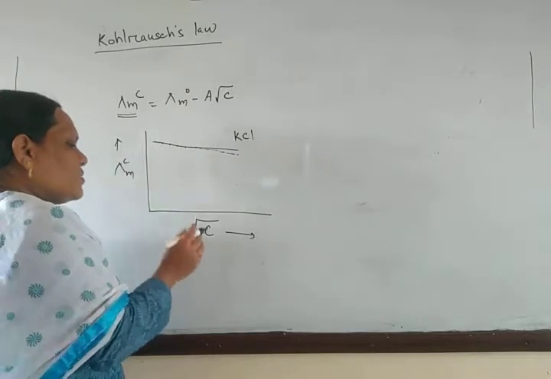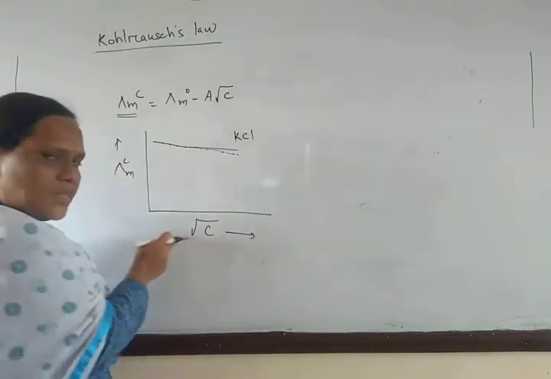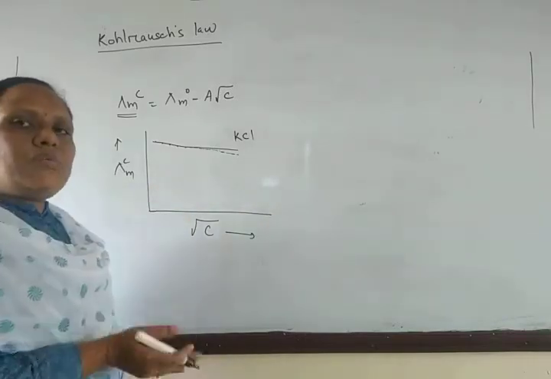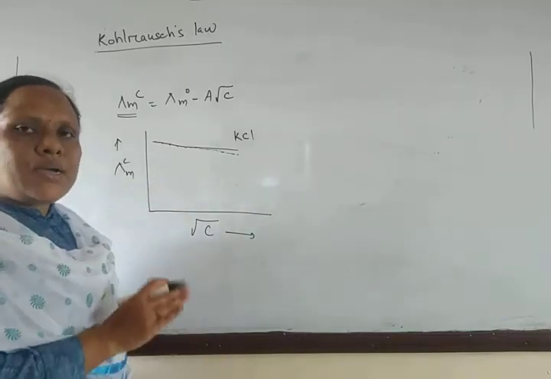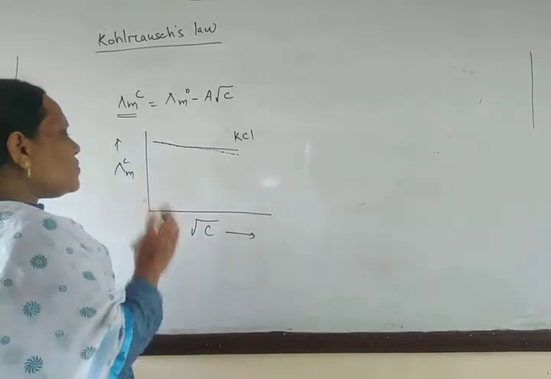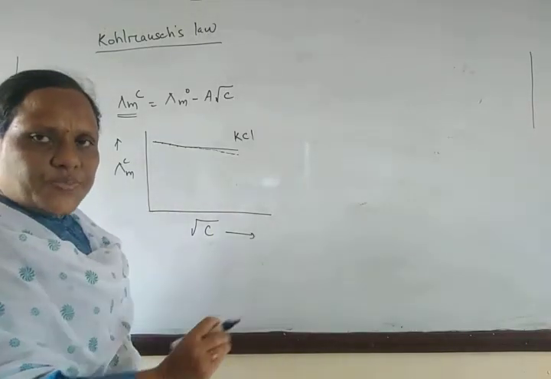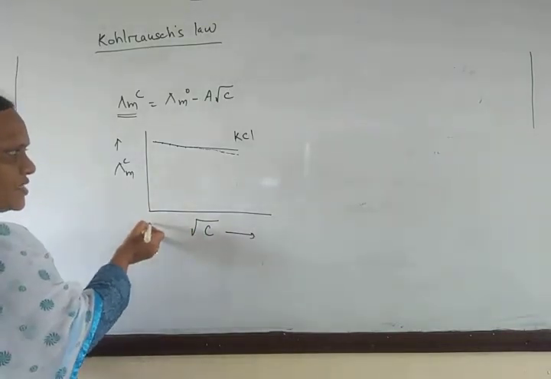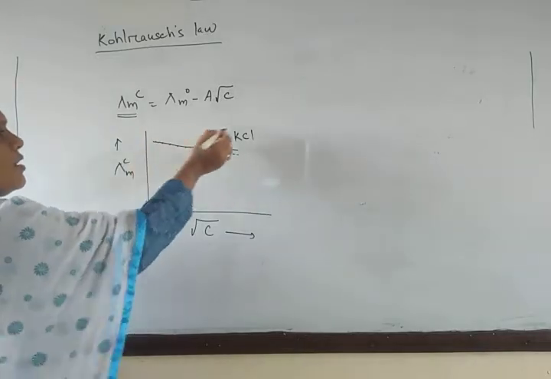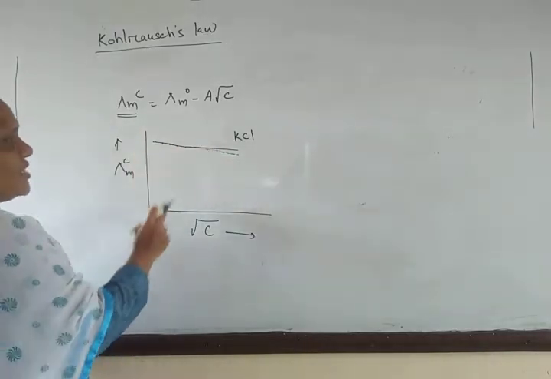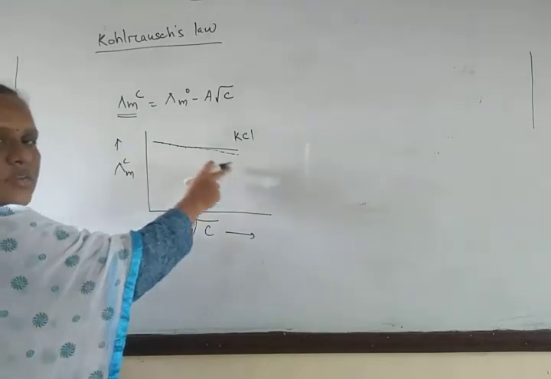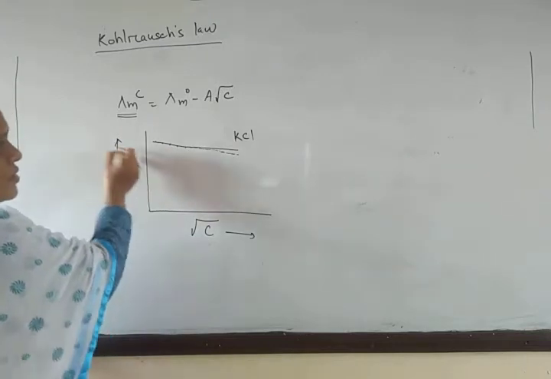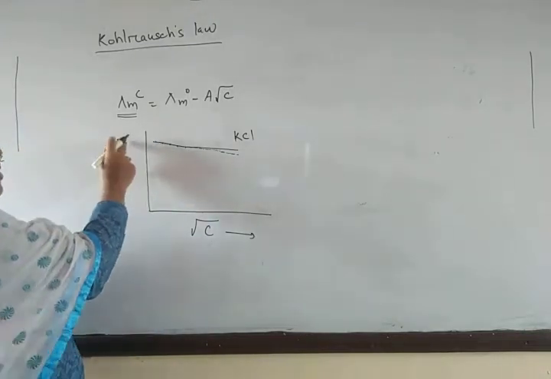So when the concentration decreases, that means dilution increases in this way. When we add more and more solvent to the electrolyte so that its concentration approaches zero, what is the conductance value then? Generally on dilution, the conductance value increases.